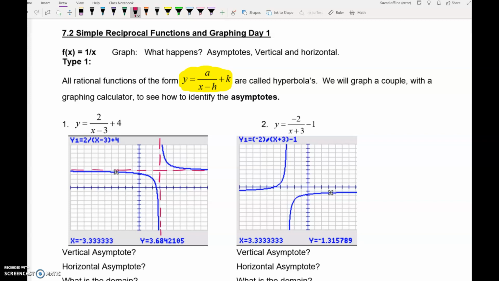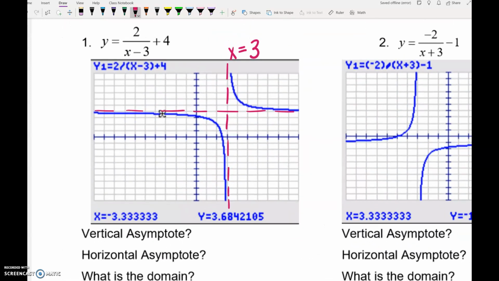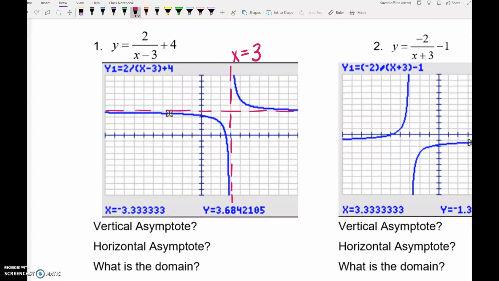The vertical asymptote is x equals 3. Take a look at the equation. Do you see where maybe that 3 comes from? If we've got x equals 3, what do you see right here? Minus 3 on the bottom.